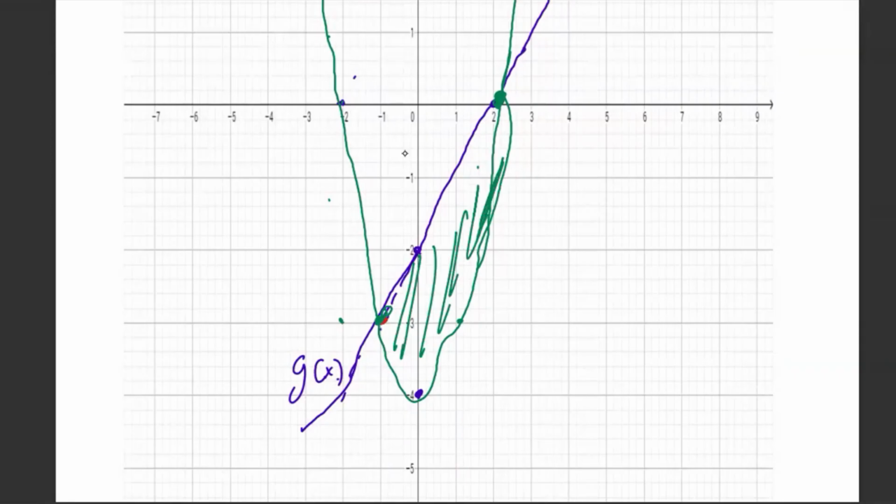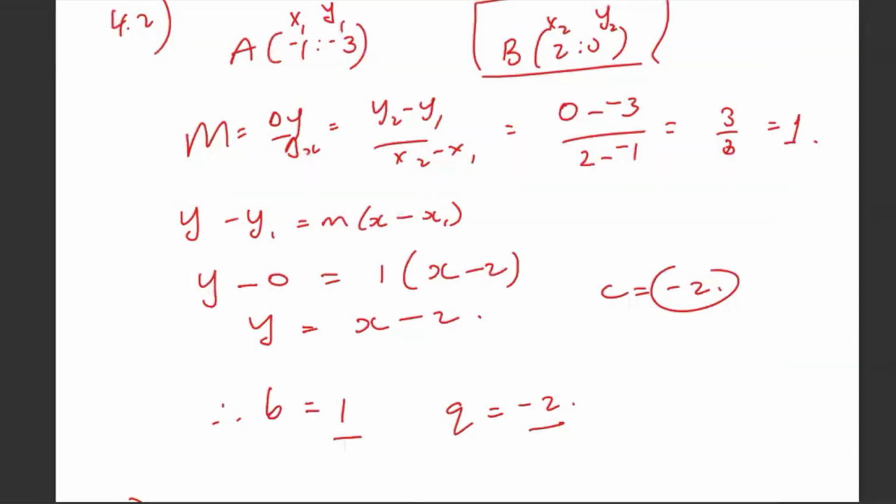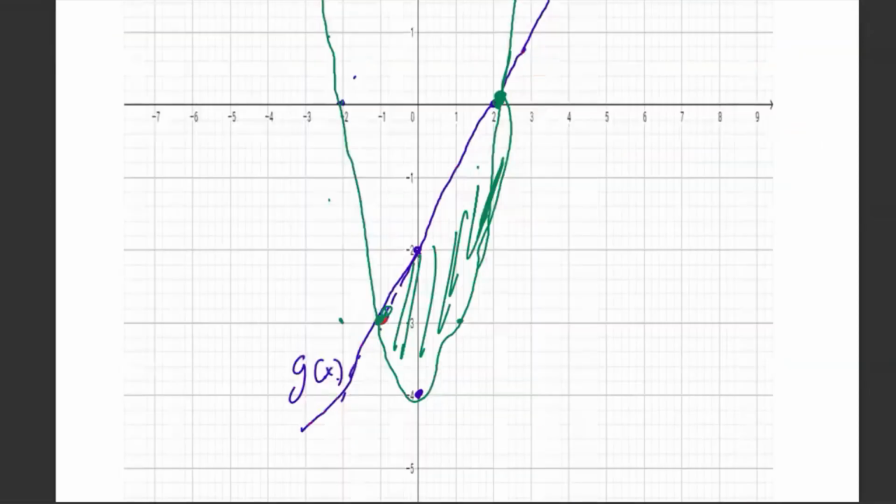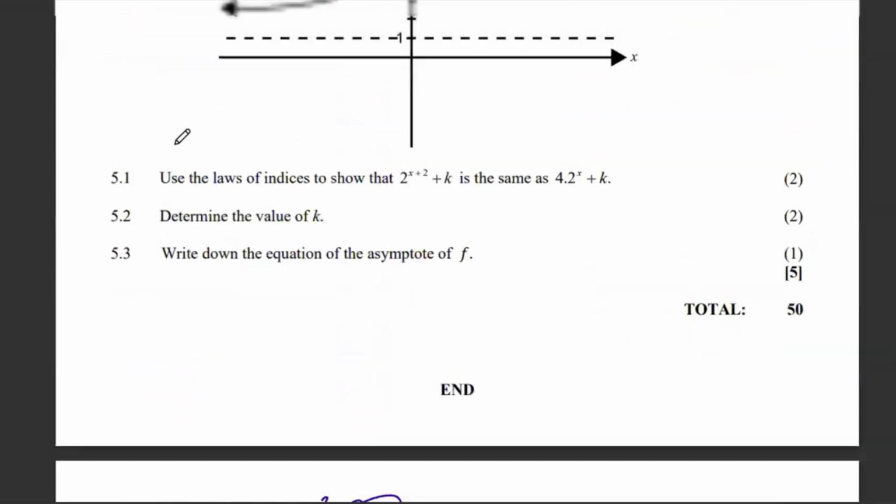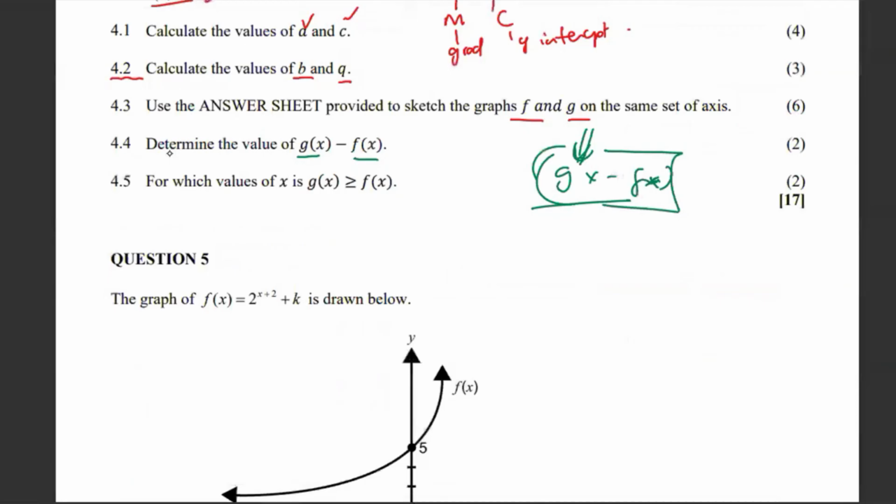So we're going to say -2 up to +2. Okay, -2 up to +2. So we're going to say -2 less than x less than +2. That's why it's less. Then where do we find g to be greater or equal to f? Where do we find g to be greater?